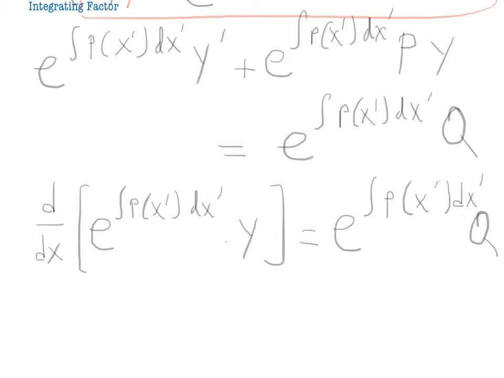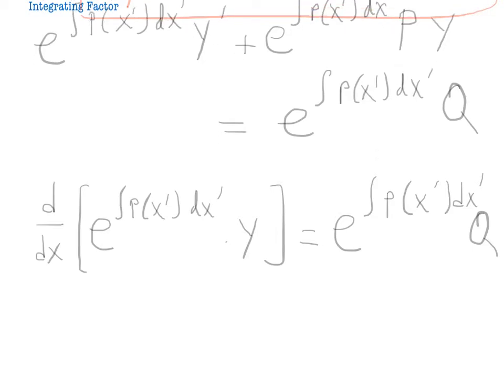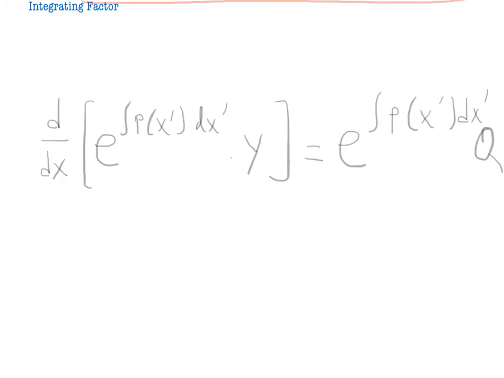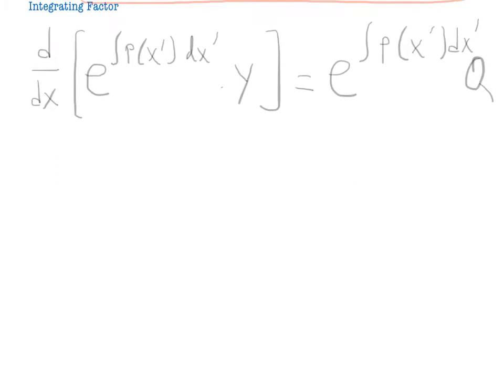Okay, so notice here that we have a situation that is potentially easier to deal with than what we started with. And this is what I mean. If we integrate both sides now with respect to x, we get the following situation.